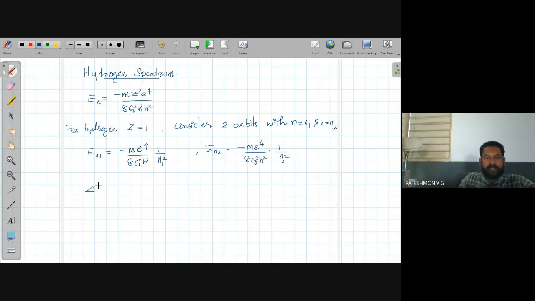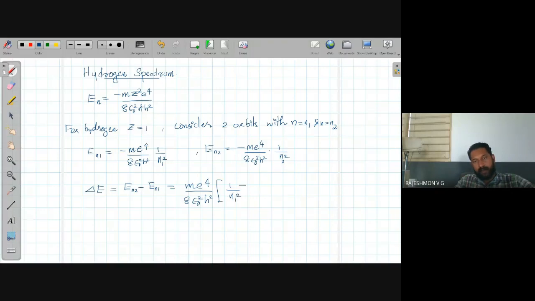What is delta E, the spacing between these two energy levels? That is the corresponding energy which will be emitted when an electron jumps from this level to this level. So this difference will be m e raised to 4 divided by 8 epsilon 0 square h square into 1 by n1 square minus 1 by n2 square.